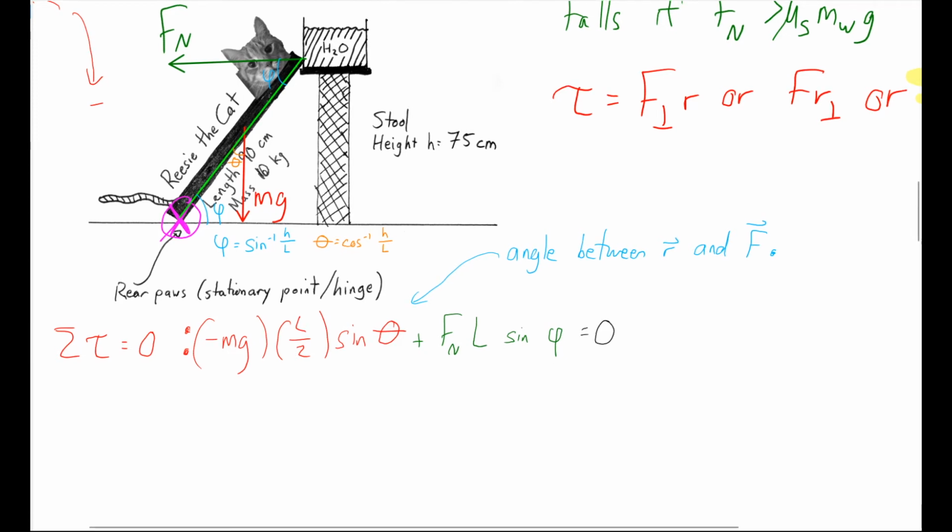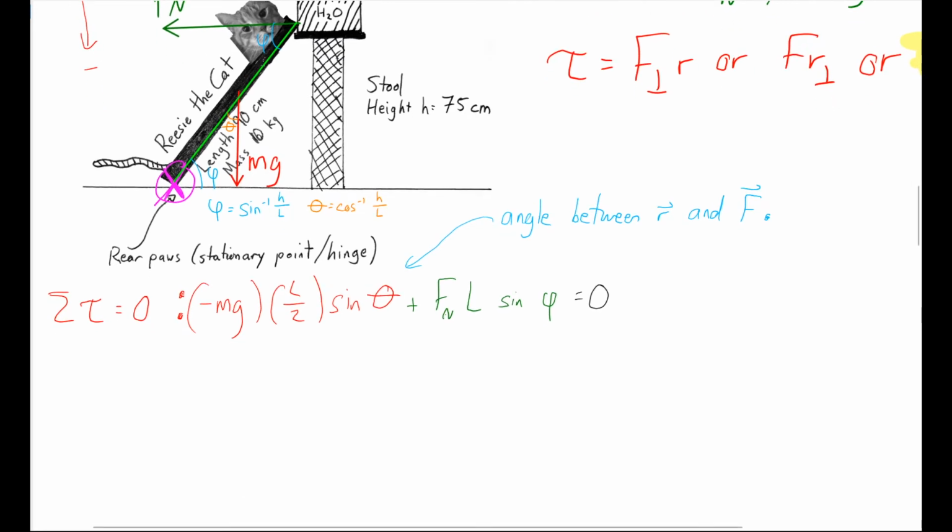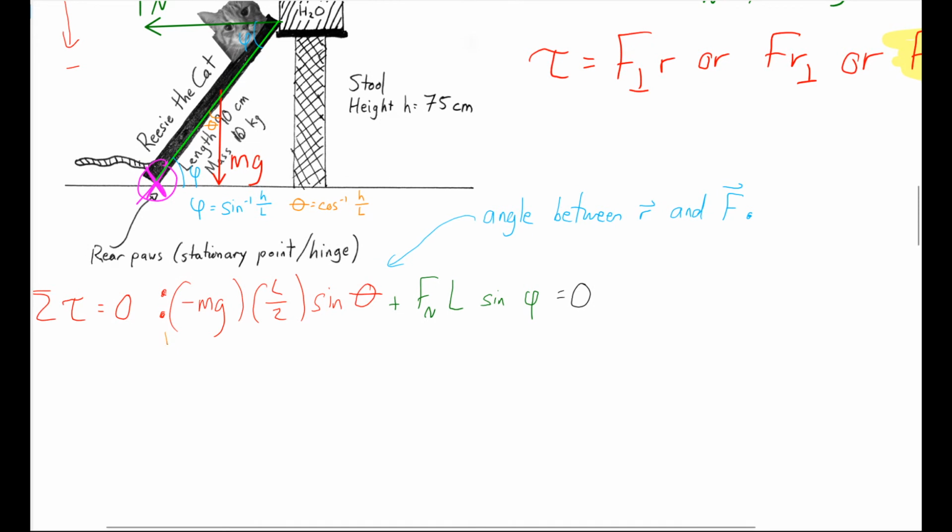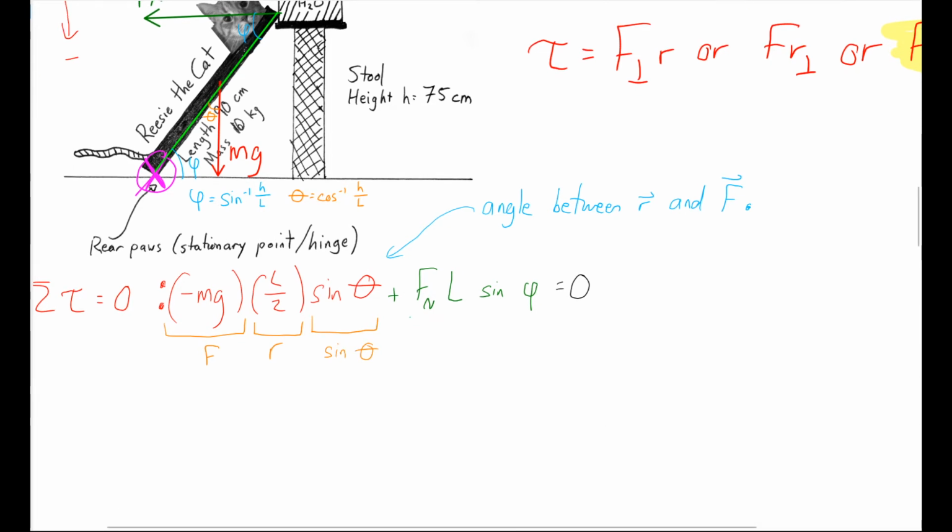Now let me label all of these pieces, first of all. This is the force, this is the radius, this is the sine of the angle. Likewise, force, radius, sine of angle.